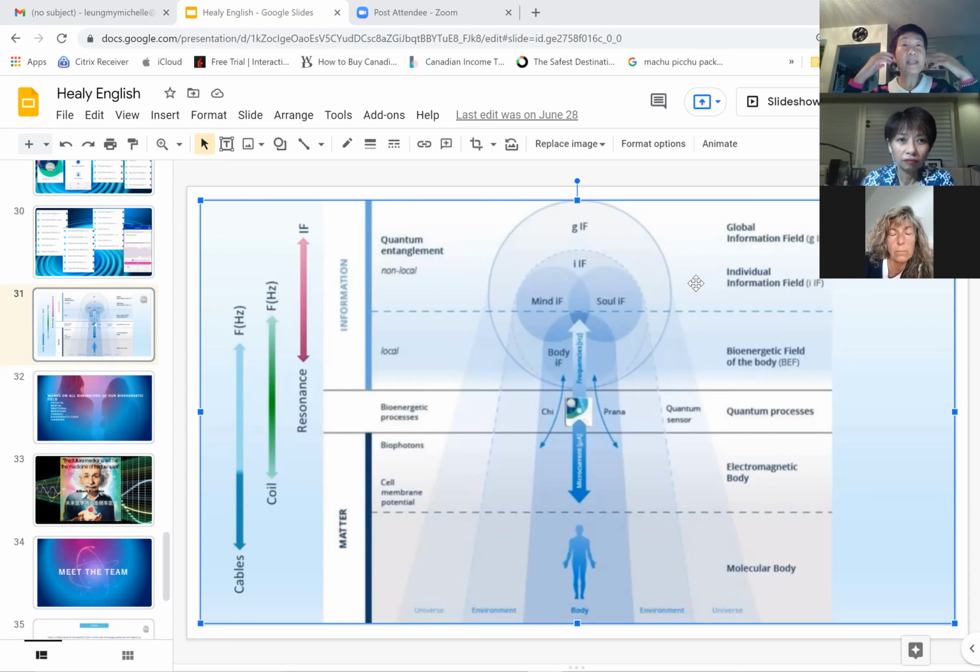We cannot see it, but our emotion, our thinking, our subconscious is all in that information field. The blue app has the ability, because the Healy has a quantum sensor that can sense your information field.